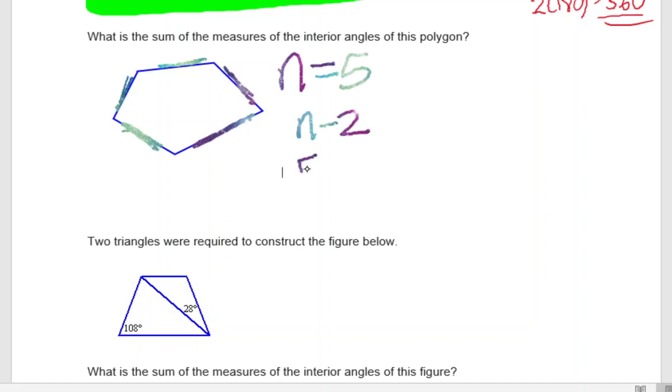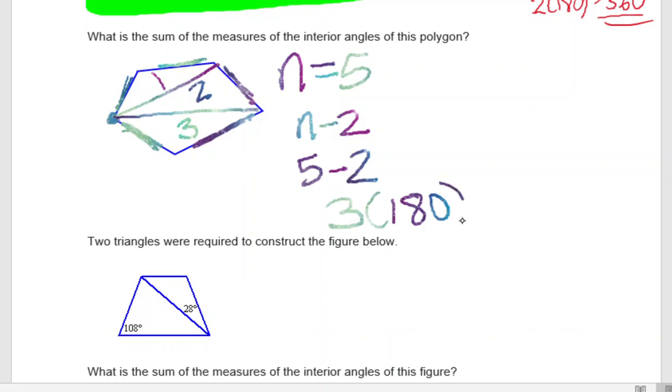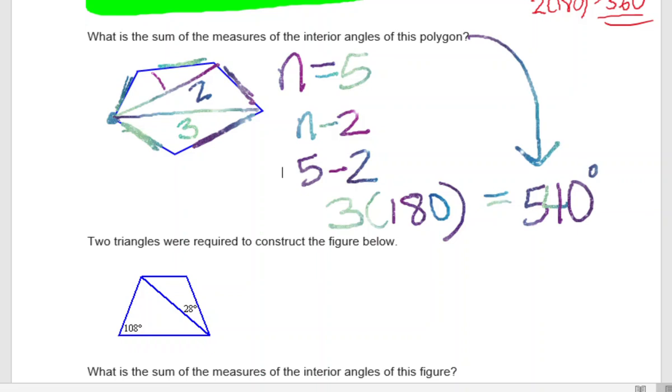N minus 2, or 5 minus 2, is equal to 3, which tells me that if I started at one vertex, I could create 1, 2, 3 triangles. 3 times 180 is equal to 540 degrees. So the answer to this question is 540 degrees. The 5 angles inside this pentagon, because it has 5 sides, add up to 540 degrees.